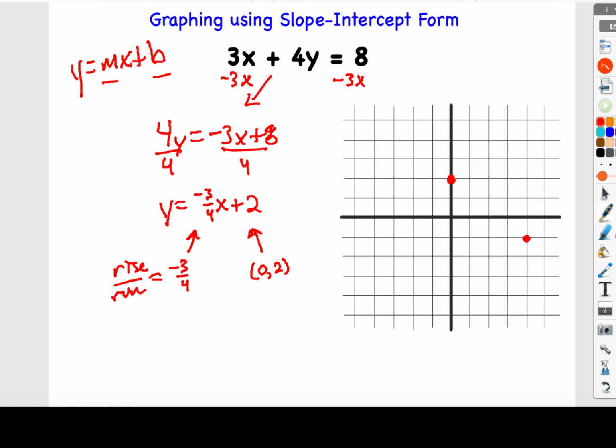Instead of going down 3, right 4, why don't I go up 3, left 4? The more points we have, the easier it is to aim for them, and we'll be able to draw a nice straight line through our points. And again, label a couple of lattice lines, and we have a nice looking graph, quick, simple, and easy.